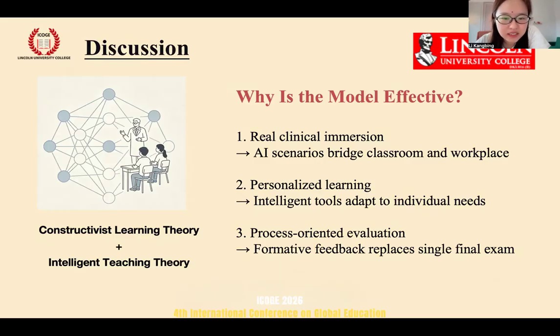Second, personalized learning. Intelligent tools adapt to each student's individual needs. A student who struggles with pronunciation gets actual pronunciation practice. Third, process-oriented evaluation. Instead of relying on a single final exam, the AI system provides continuous formative feedback throughout the learning process.